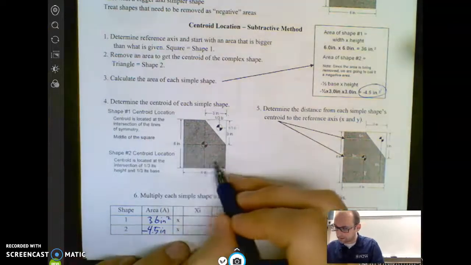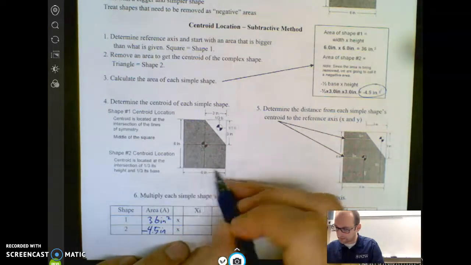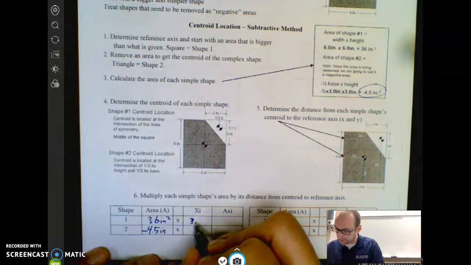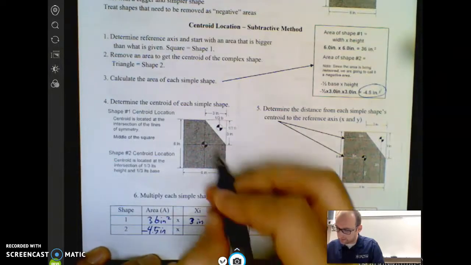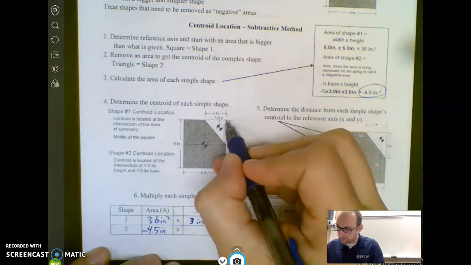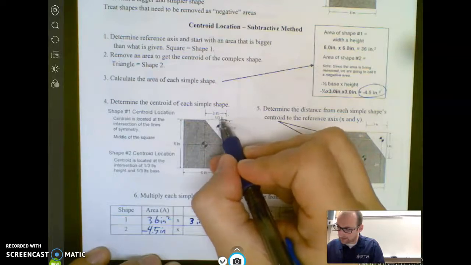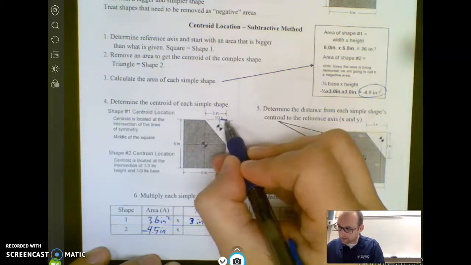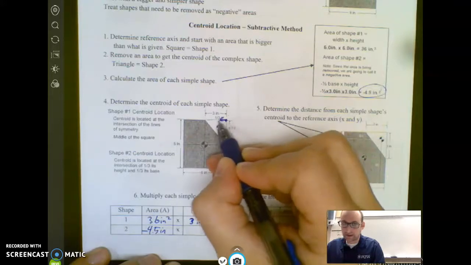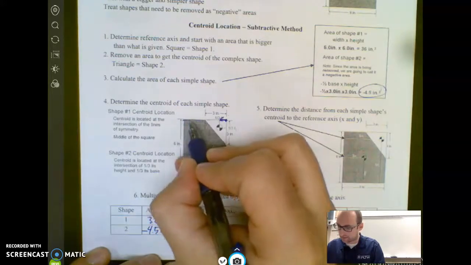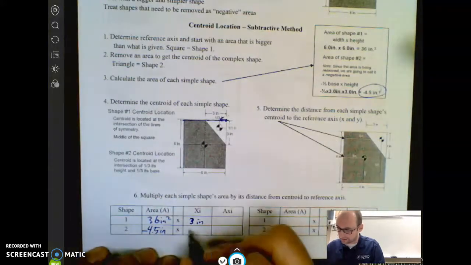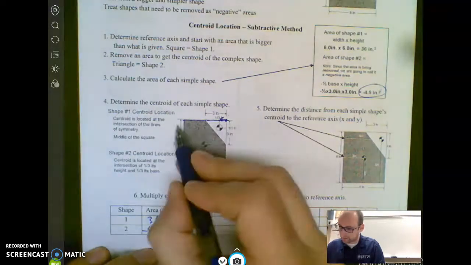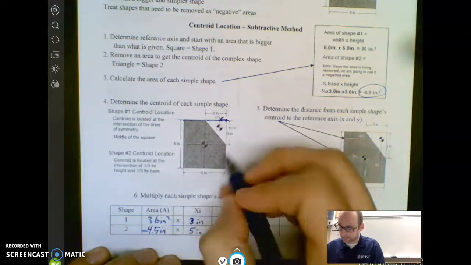And then you got to find the middle of the big square, which is 3 over for x's. And the middle of this guy, be careful because it's 1/3 of the base, but it's from the right angle. So it's 1 inch this way. So total, if the whole thing would be 6, this is actually 5 inches from my 0x.